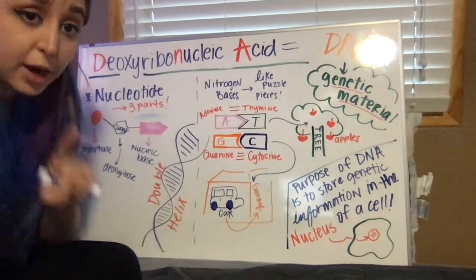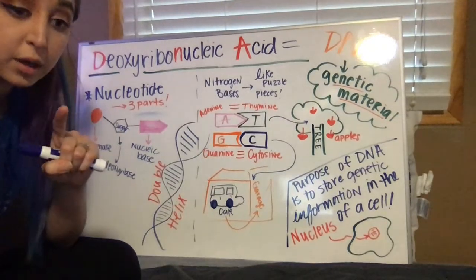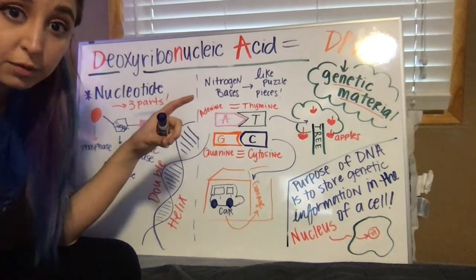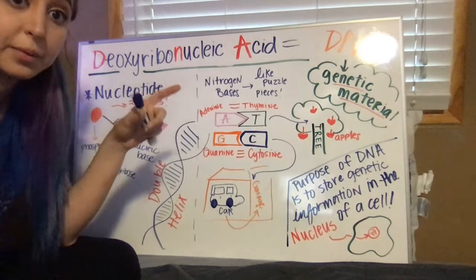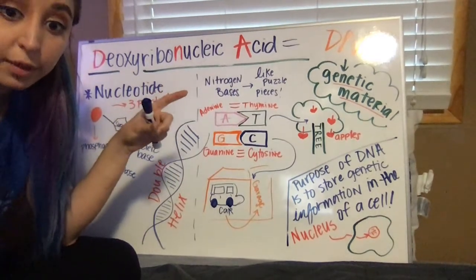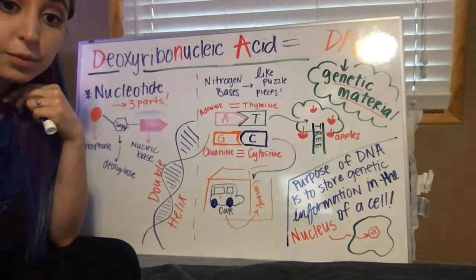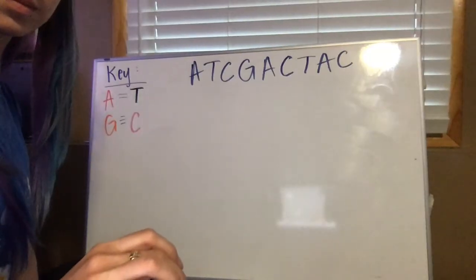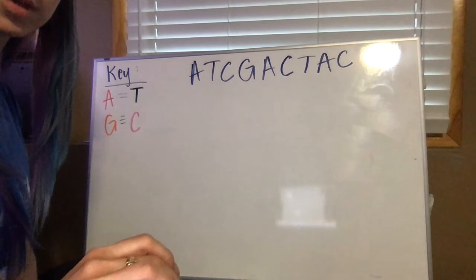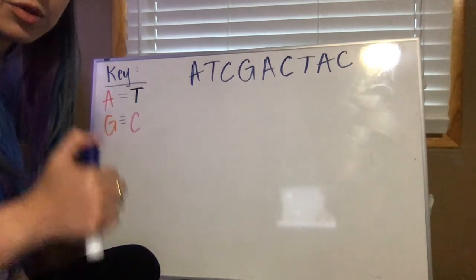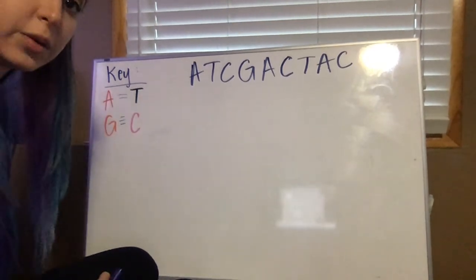So we're going to practice one transcription of DNA, and then I will stop there. I think that's enough for this section. Okay, so this is a sample strand that you might see in your quizzes.